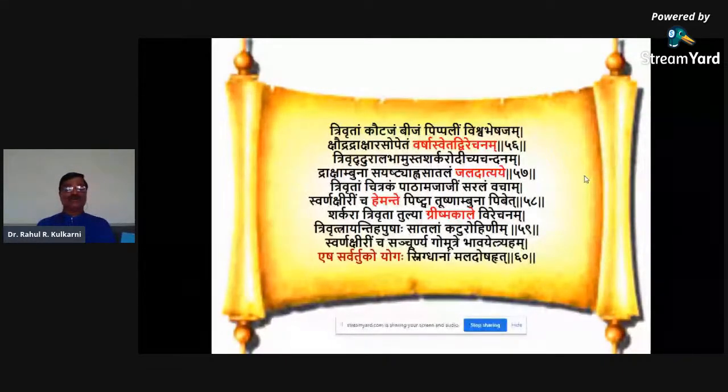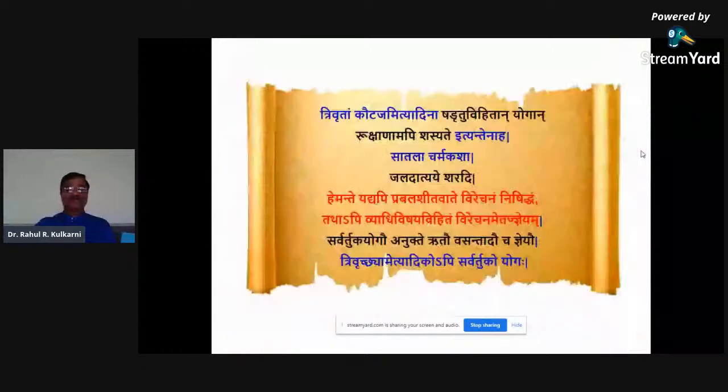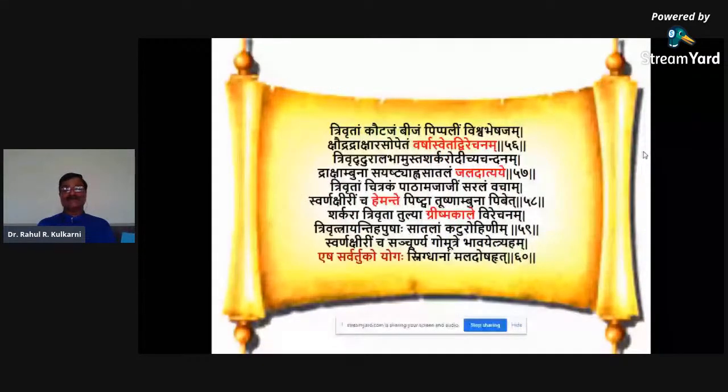The yogas with Rutu Virechana. The first one is with Varsha Rutu. Second, Jaladataye means Sharad Rutu. Then Hemanta, Grishma, etc. That we'll see. Trivrut Duralabham Musta Sharkara Udicha Chandanam Drakshambunam Sayashtavam Satalam Jaladataye.